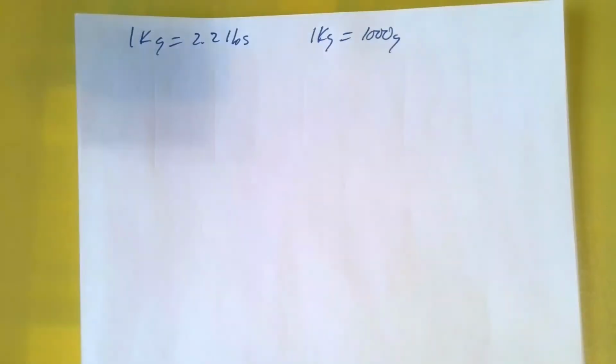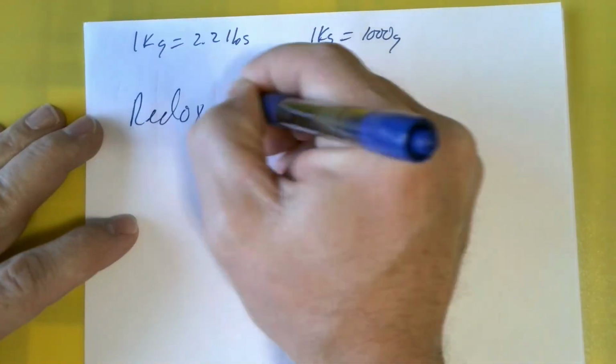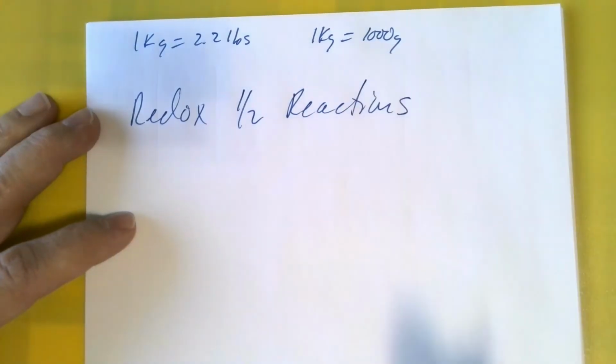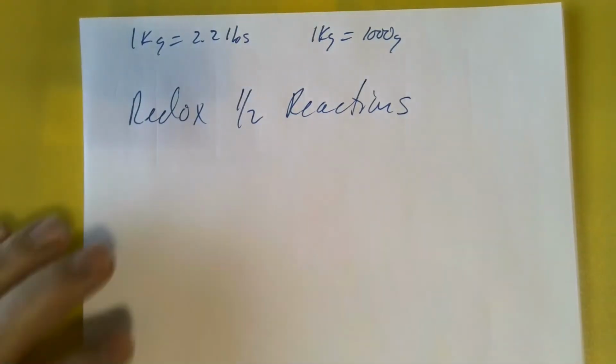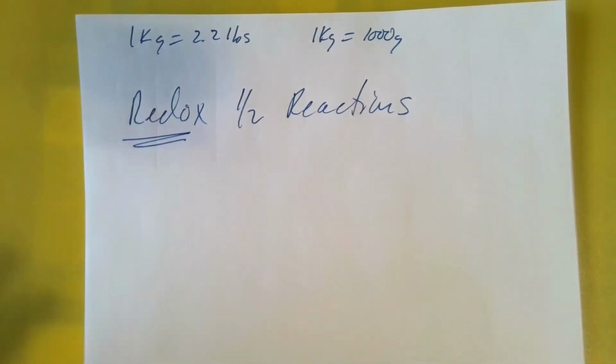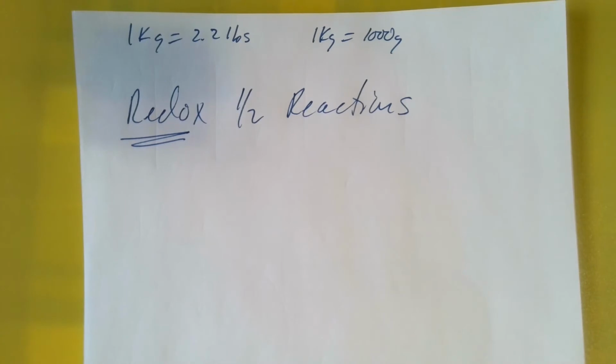Now, the next thing we need to do is talk about redox half reactions. They're going to give you two different kinds of redox questions. One is a straight up assign the numbers, determine if it's redox.